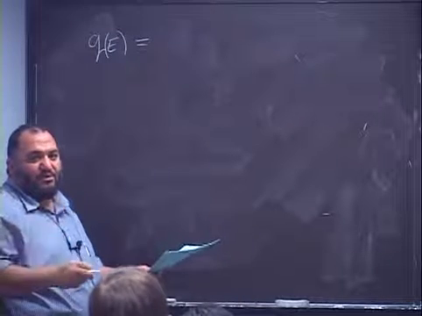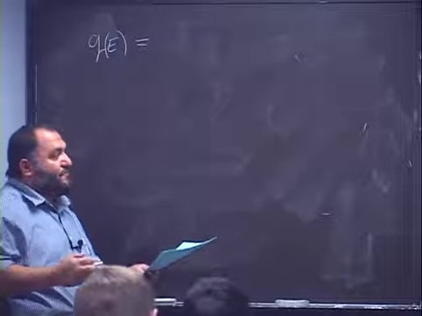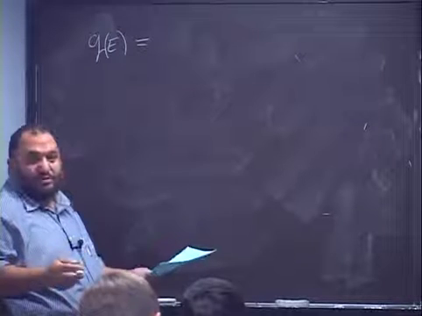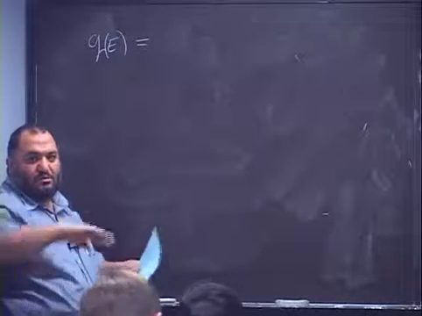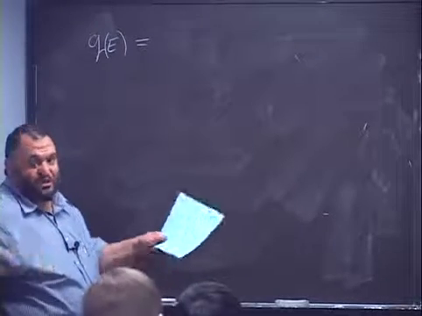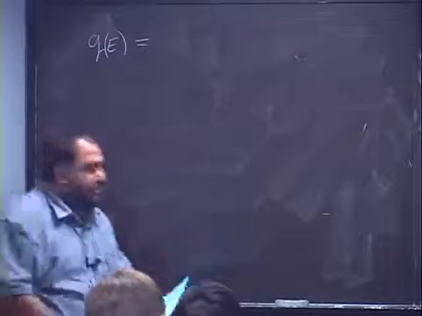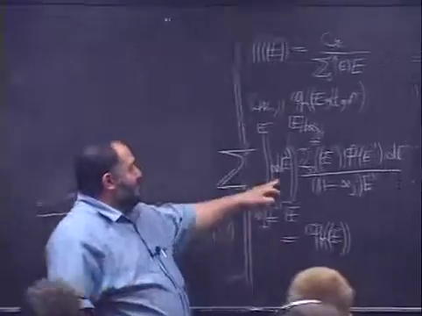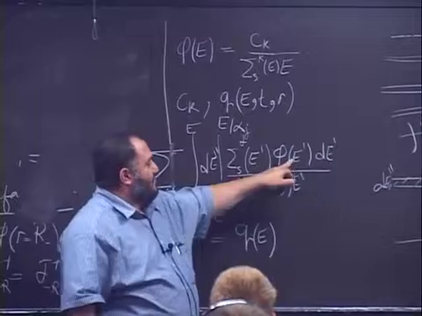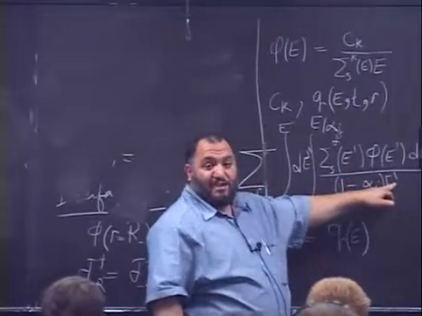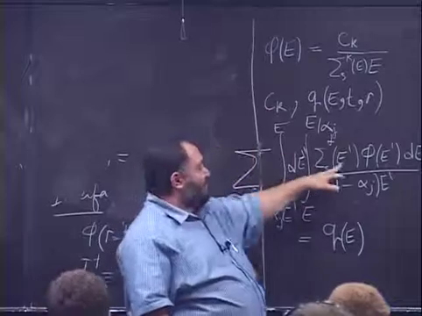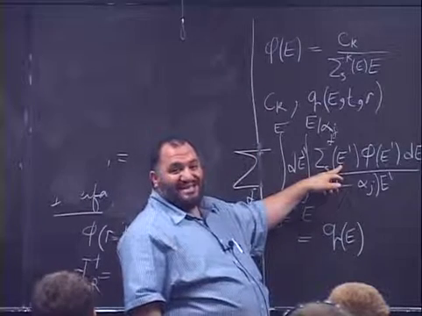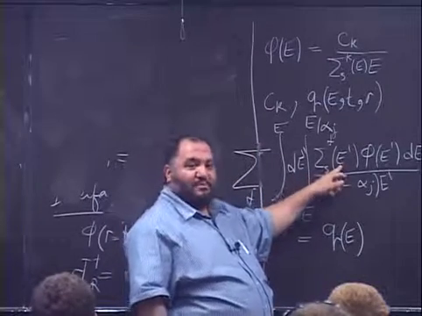atomic mass number. So if the cross sections of all the isotopes have pretty much the same shape of energy dependence, I can take sigma scattering of E prime, phi of E prime divided by E prime, and take it outside the integration because I will evaluate it at E instead of E prime.